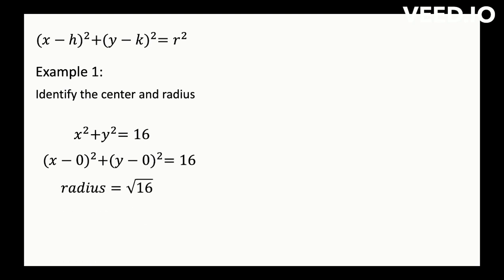Then, to find the radius, we set r squared equal to 16. We simply take the square root of 16, and then the radius will be 4. From the left side of the equation, we can see that h is 0, k is 0. So that means our center is at (0, 0).